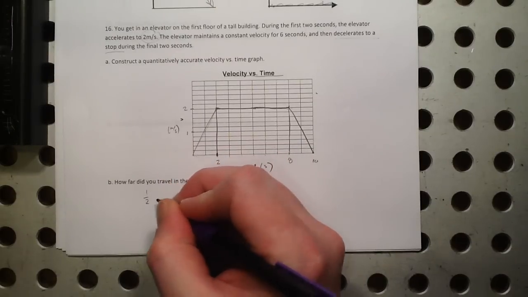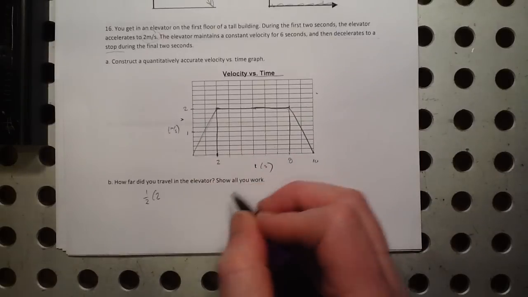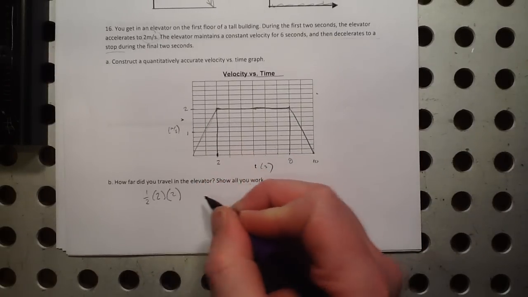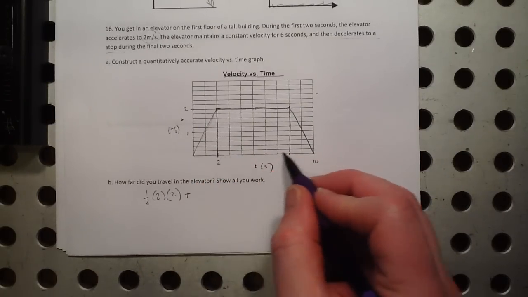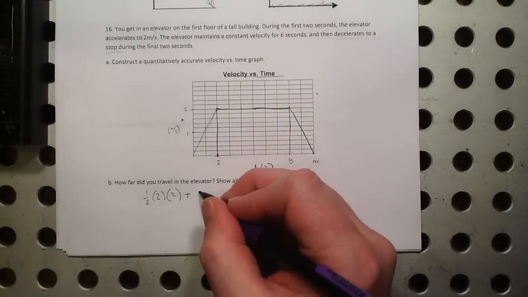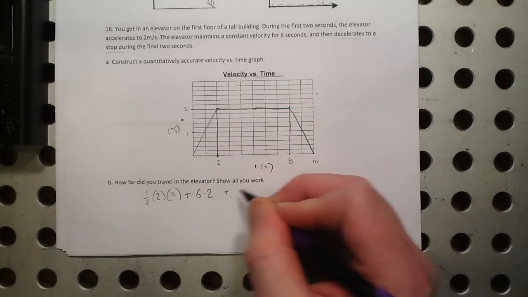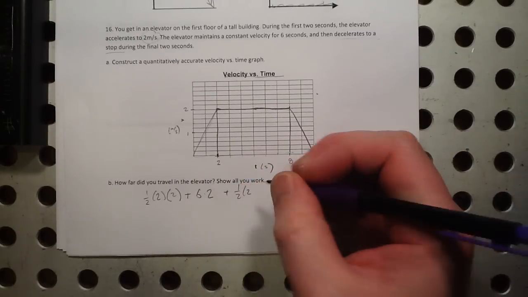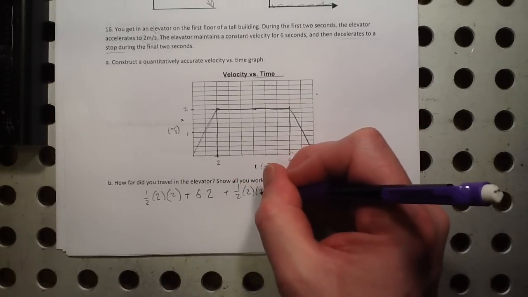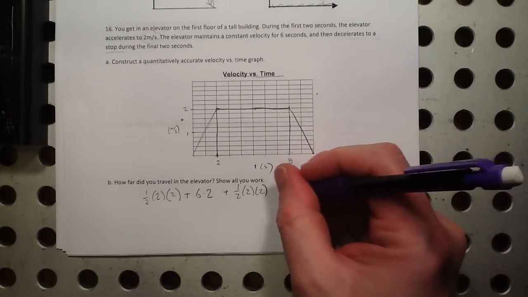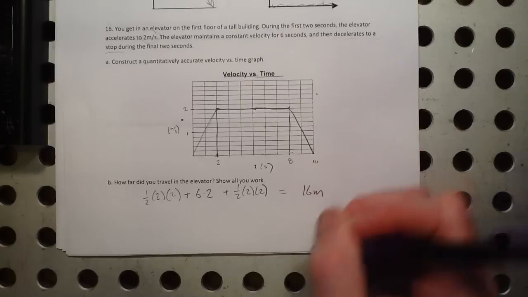So 1/2 base times height, plus a big rectangle, that's 6 by 2, plus another one of those same triangles. So that's like 2 plus 12 plus 2, that's 16 meters.